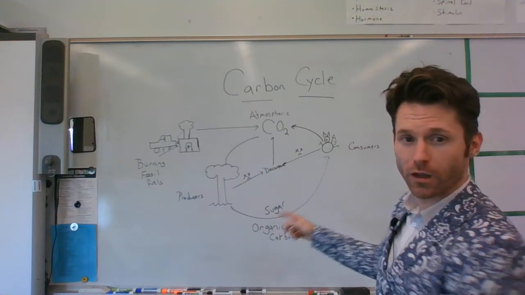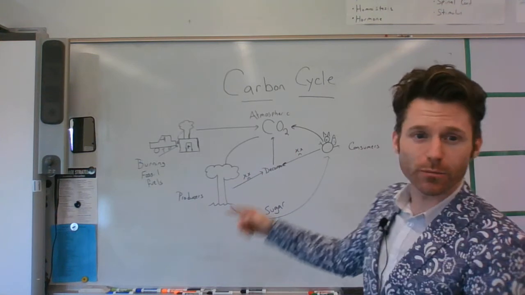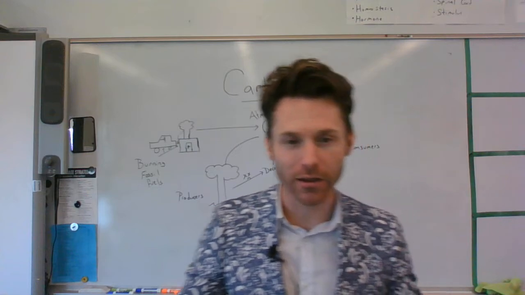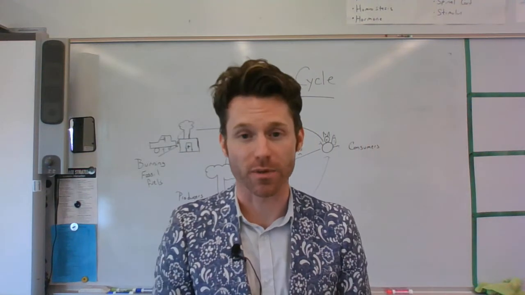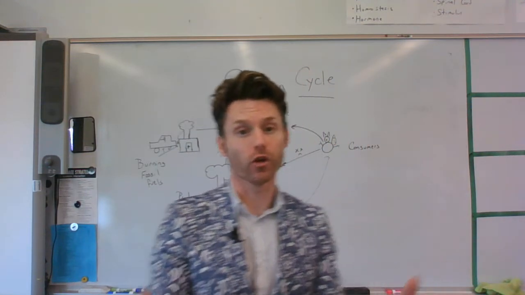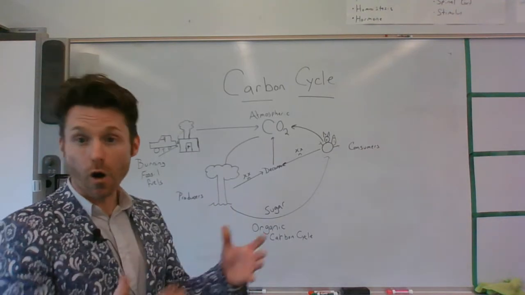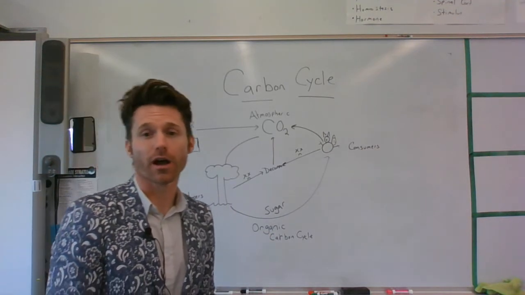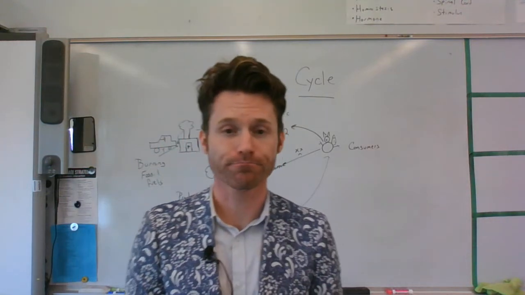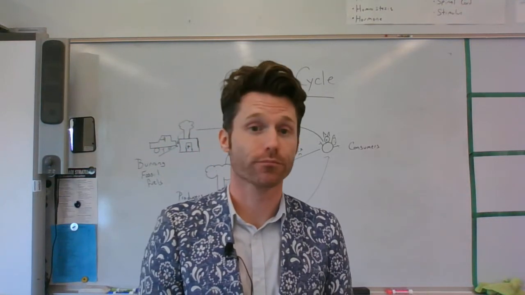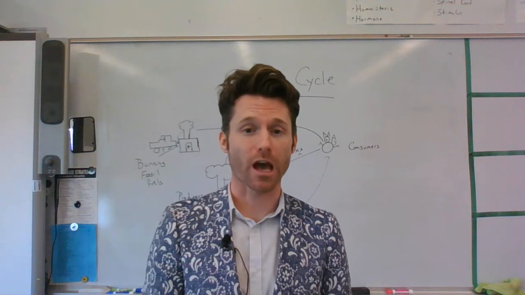When any of them die, the decomposers break them down and put the carbon back into the ecosystem in its base forms. However, humans have messed up this whole storyline by burning fossil fuels and overwhelming our carbon sinks so that we have too much carbon in the air. Okay? Yeah. That's it. Carbon cycle.